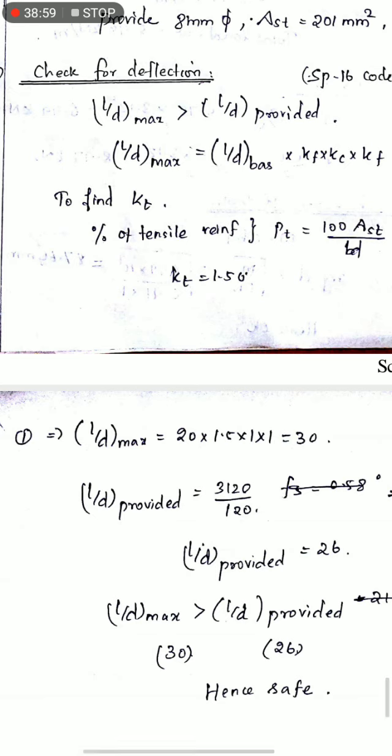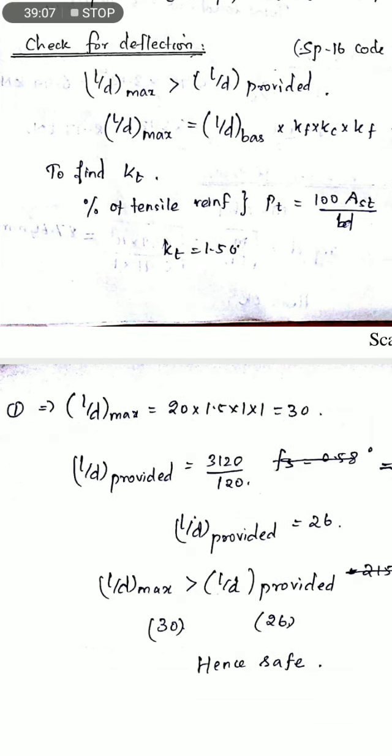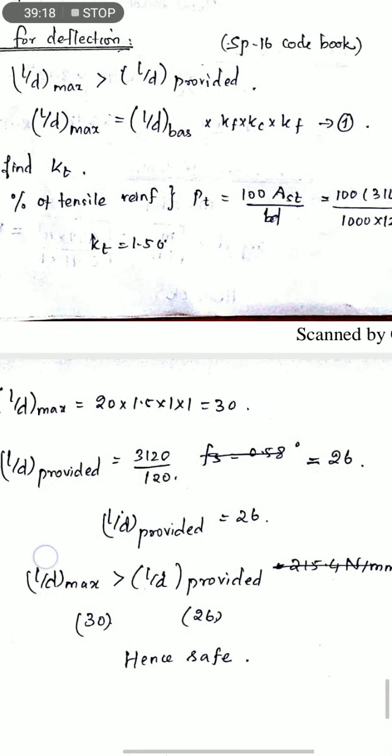This is the maximum, so L by D provided should not be greater than L by D max. L by D provided means LX, the effective span, which is already calculated, 3120 mm, divided by effective depth 120, that is 26.